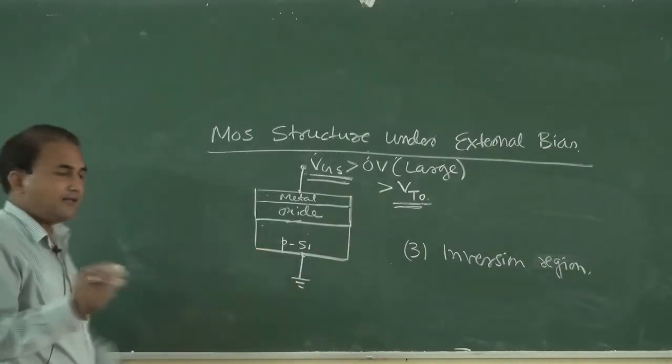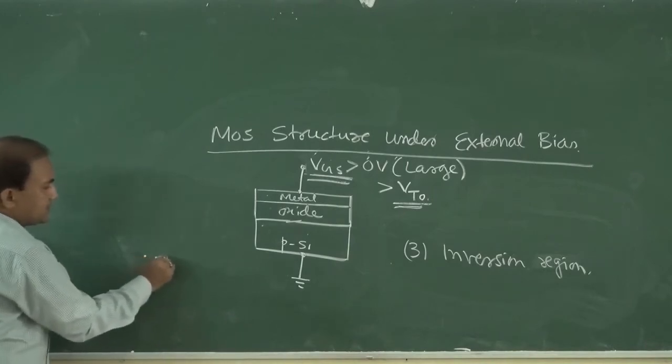Here, in the case of p-type silicon, the minority carriers are electrons.